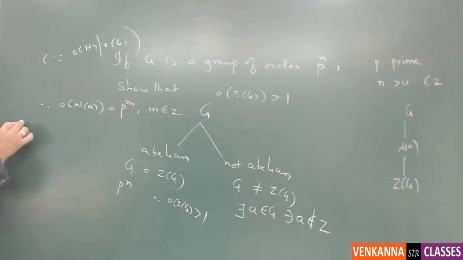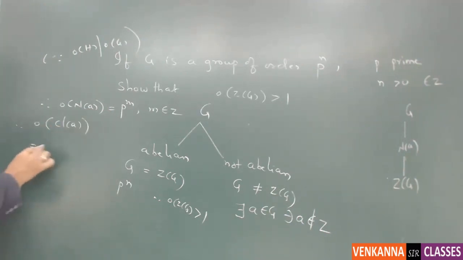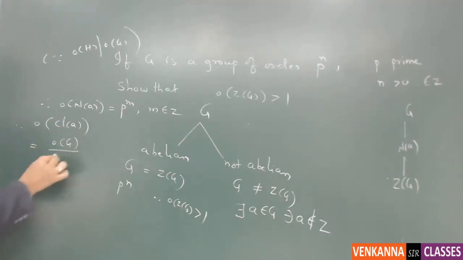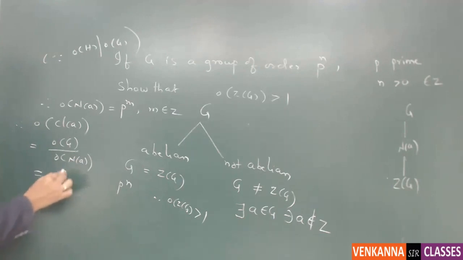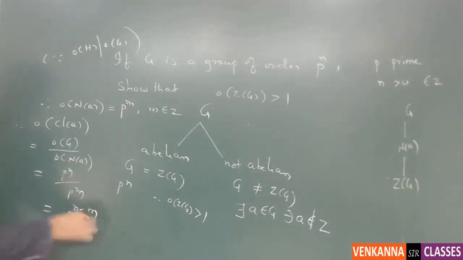The order of the conjugacy class is the order of the group divided by the order of the normalizer, so this is p power n by p power m, which is p power n minus m. So this is nothing but a multiple of p.